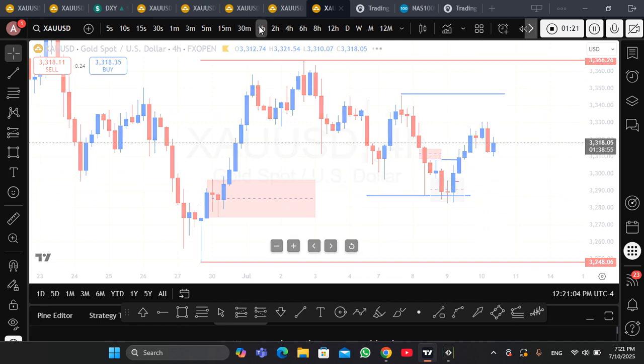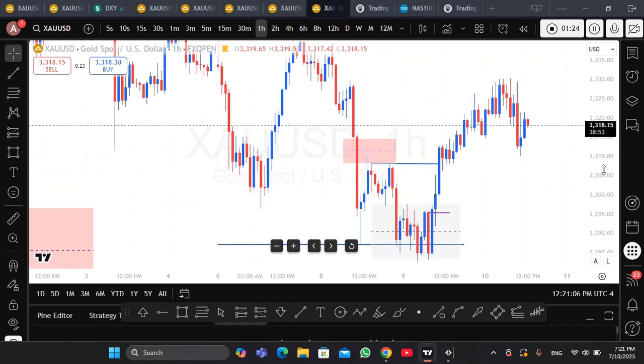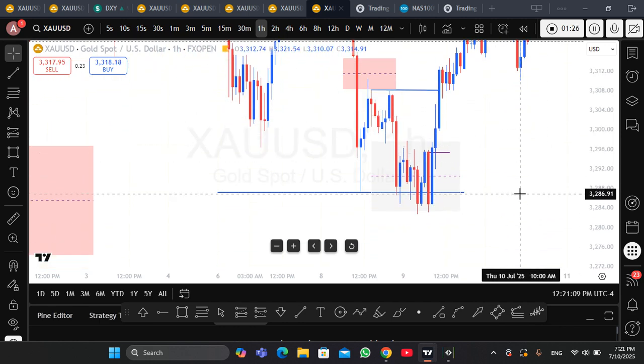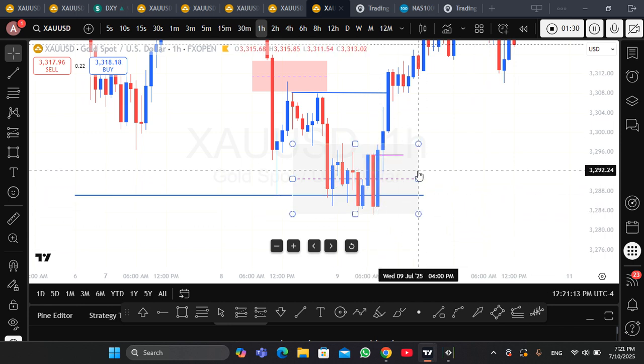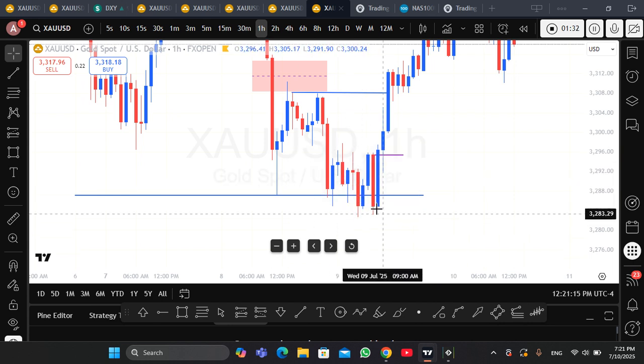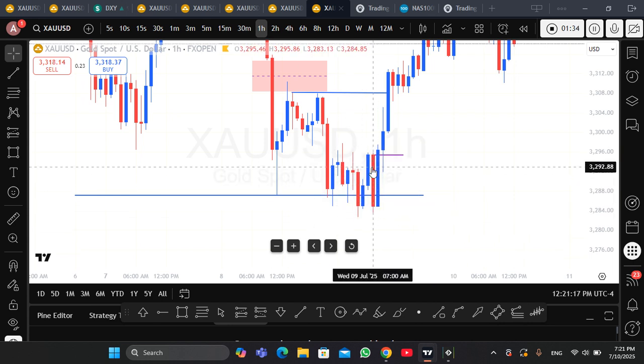And when we change to the 1 hour time frame, as you can see, this candle is engulfing the previous one, and this candle is engulfing the previous one. This is a change in the state of delivery.